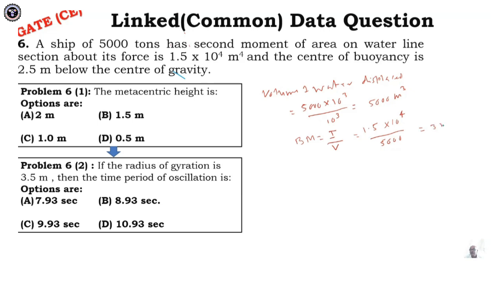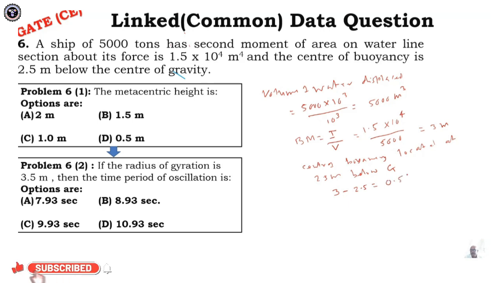Bm is 3 meter and the center of buoyancy is located 2.5 meter below G. So therefore Bm minus Bg, that is 3 minus 2.5, that is 0.5 meter.